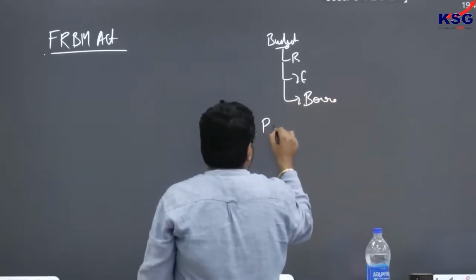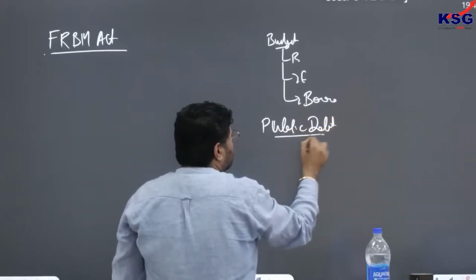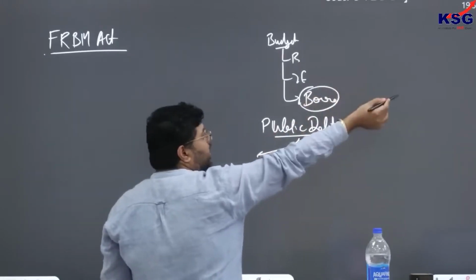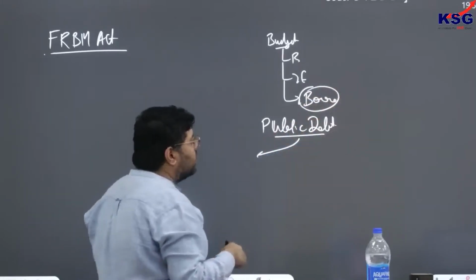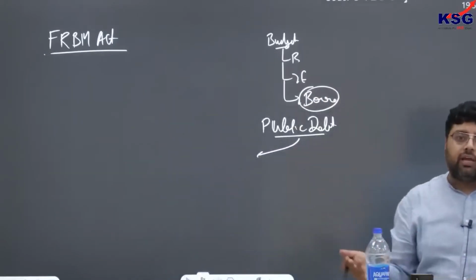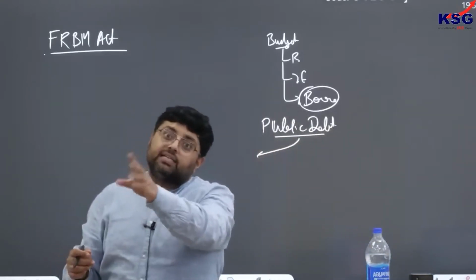But when we talk about public debt, we are talking about debt, or borrowing already taken. So this is the new borrowing that we are going to take. Public debt is borrowing already taken. So no doubt, whatever 17.8 lakh crores we are going to take is going to become debt next year.